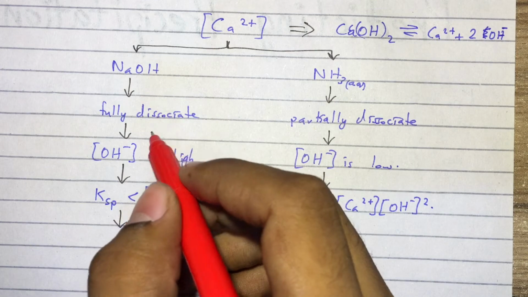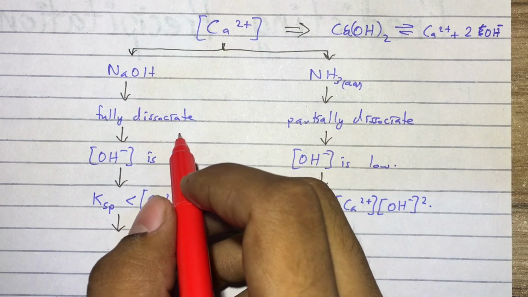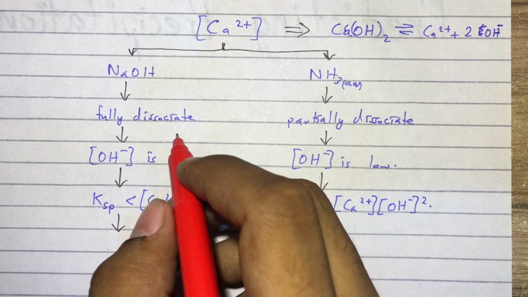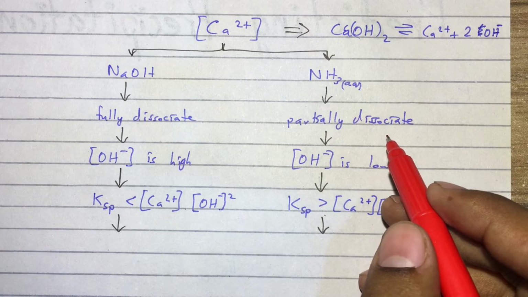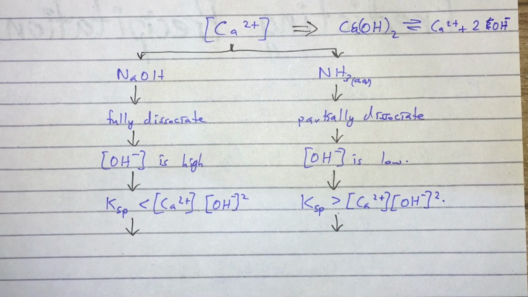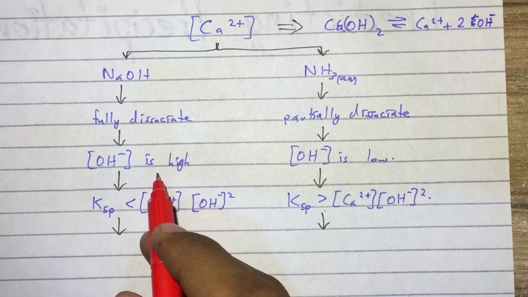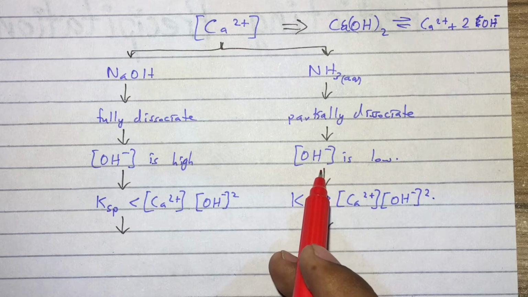So NaOH is a strong alkali, so it fully dissociates into hydroxide ions and sodium ions, whereas ammonia only partially dissociates into ammonium ion and hydroxide ion. So that's why the concentration of hydroxide ions in NaOH is high, whereas in NH3 it is low.